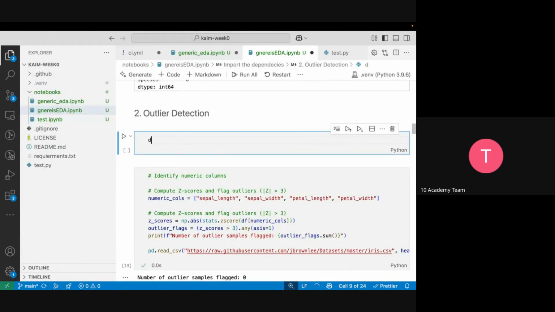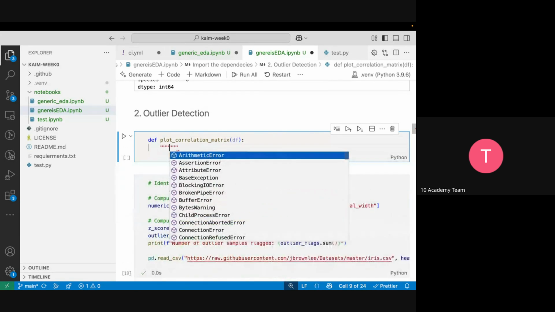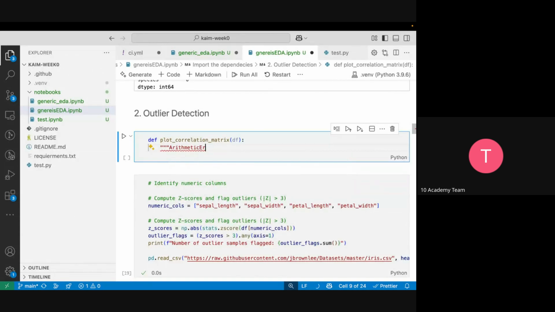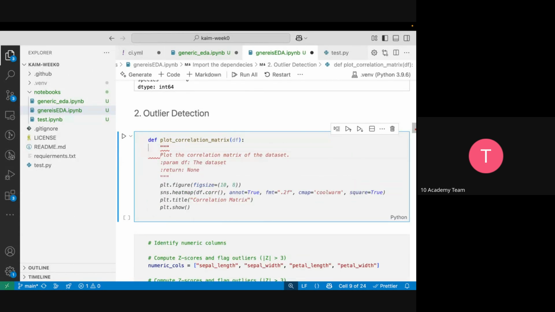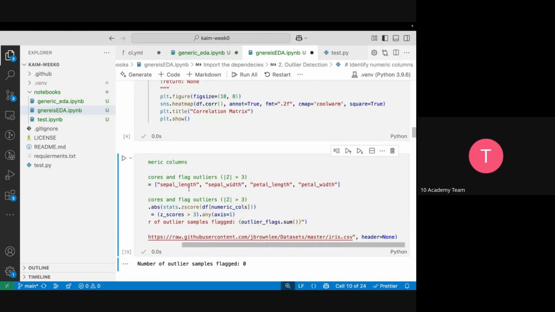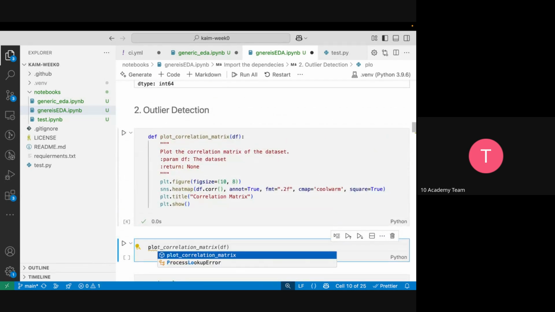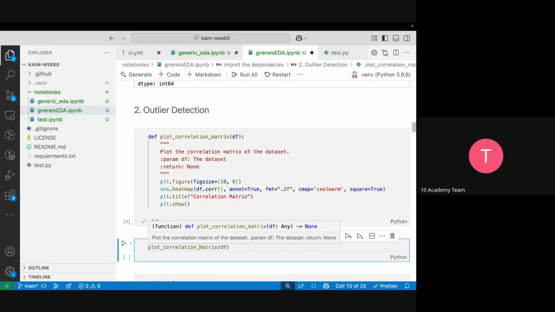And for Neville, I was just saying, let's define a function and save it. And when you try to call it, so plot correlation, and hover over it, it should show you what it's going to take and so on.